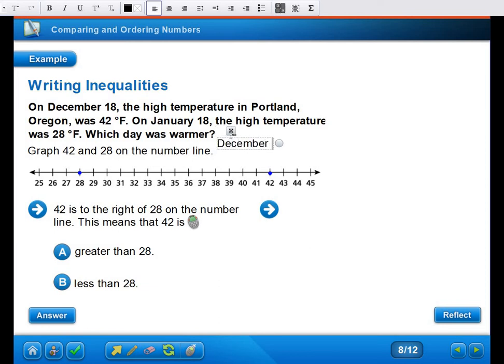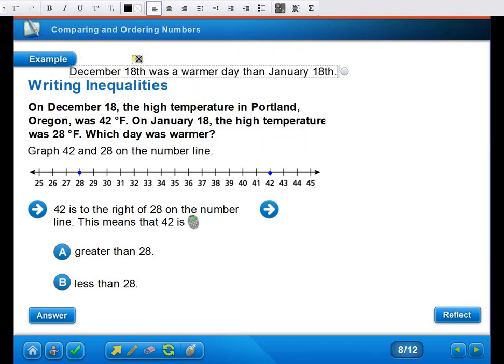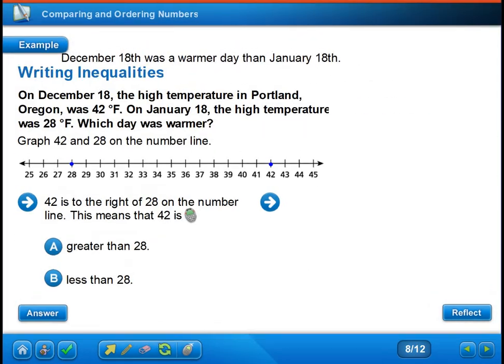December 18th was a warmer day than January 18th. I know that because 42 is larger than 28, which means it was warmer, and because it's further to the right. So 42 is to the right of 28 on the number line. That means that if you chose greater than 28, you are correct.